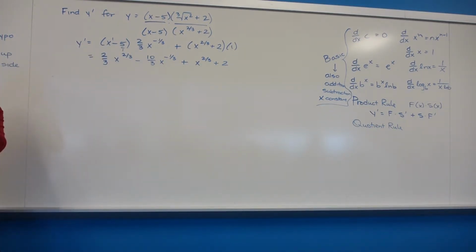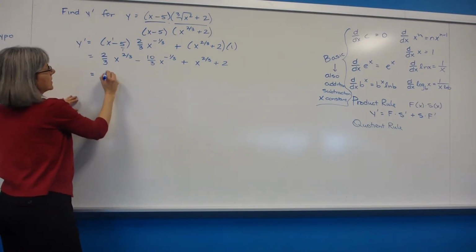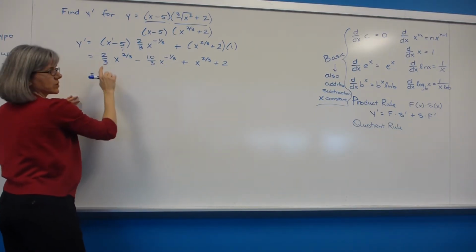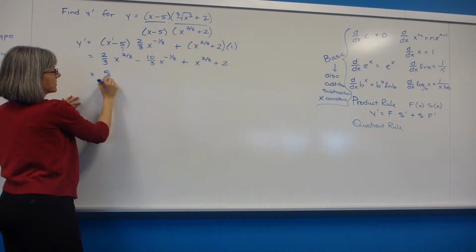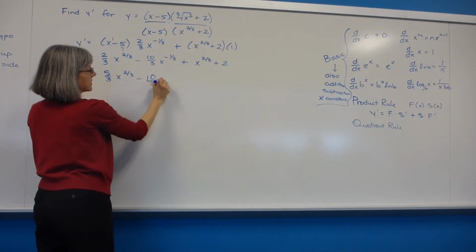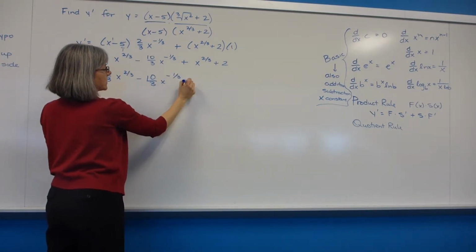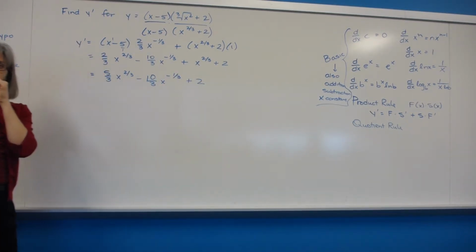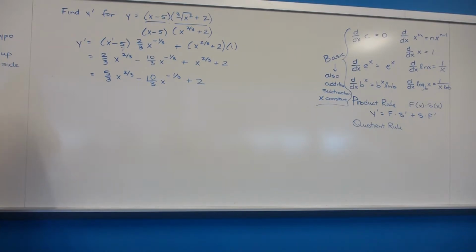We're going to collect up like terms. I see x to the 2/3. So that would be one of them plus 2/3 of them, so 5/3 x to the 2/3 minus 10/3 x to the minus 1/3 plus 2. And I think we can leave it like that.